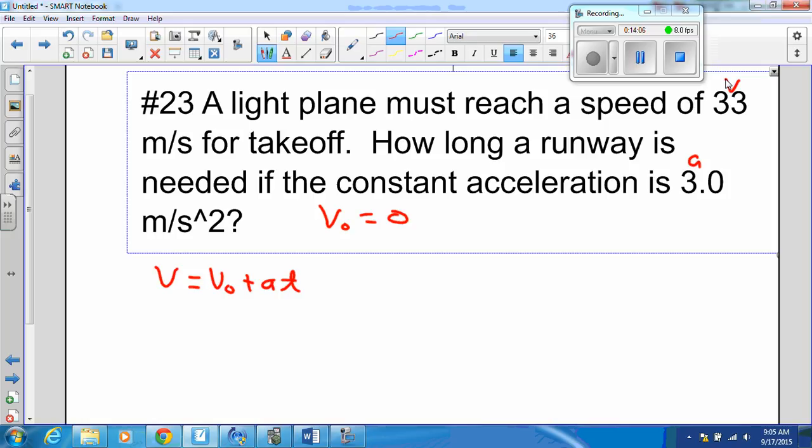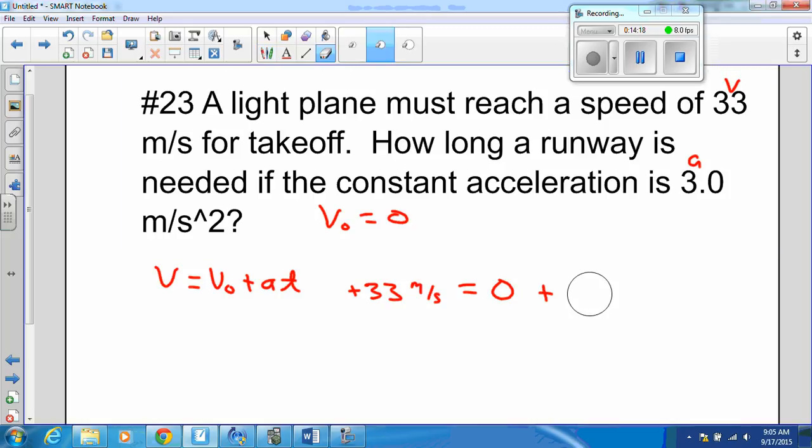And when we try this one, what we see is that we have v is equal to 33 meters per second. Initial velocity is 0. Acceleration, is that going to be a plus 3 meters per second squared or a minus? Like the plane is being pushed forwards.